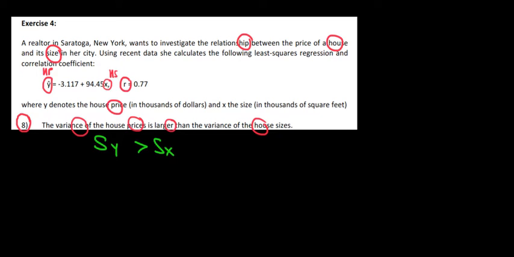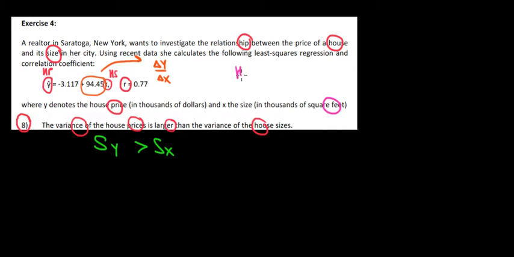Now how do we interpret this regression? Brief intuition real fast. The idea is that we want to predict stuff. We're predicting house prices based on house sizes. What we have over here is the coefficient, 94.45. This is the rate of change. This is the slope, remember, from math. This is the change in Y due to the change in X. In other words, how do we measure the house size? In square feet.